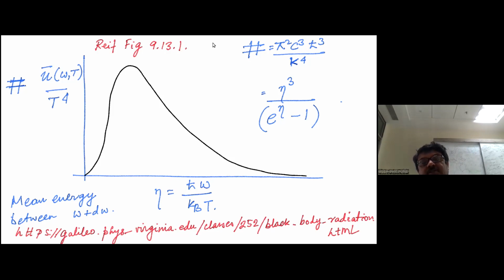Then you plot this constant times the energy density by T to the power 4, and you get a universal curve, the nature of which in terms of eta is eta cubed upon e to the power eta minus 1.